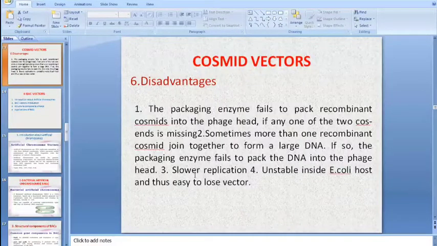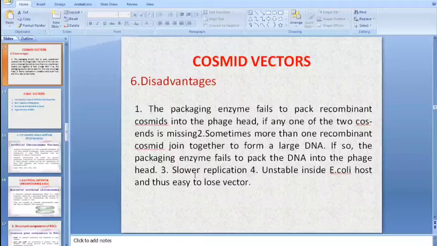That means for packaging of foreign DNA into the phage head of a particular virus, having two cos sites is essential. So if any one of the two cos sites is missing, it fails to pack the recombinant DNA into the plasmid vector.